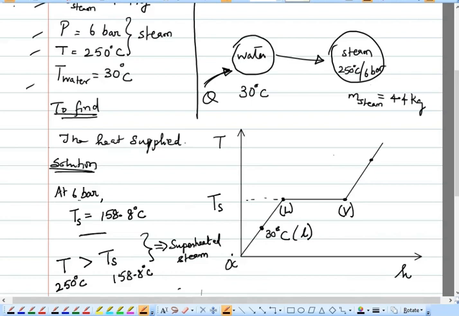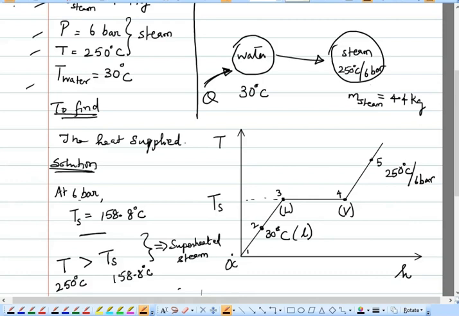So superheated steam means it will be lying in this inclined line. So let us mark this as 1, 2, 3, 4, 5. So at point 5, your final point will be there. That is 250 degrees Celsius and 6 bar.